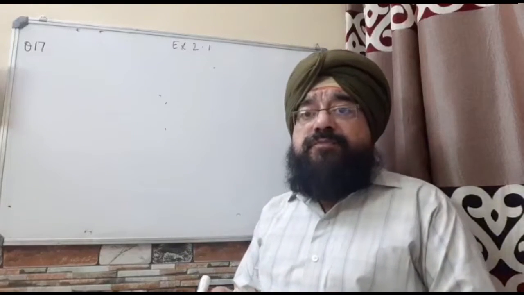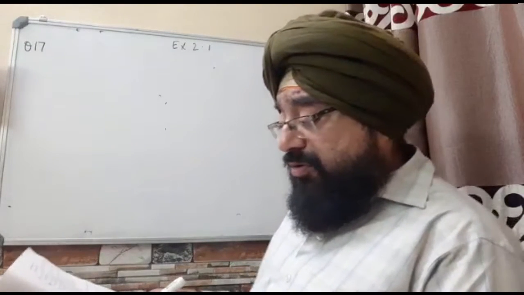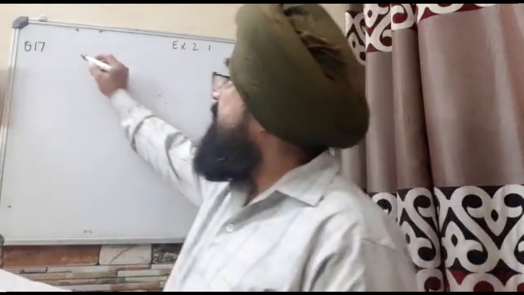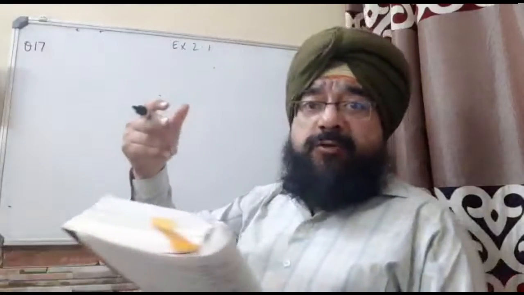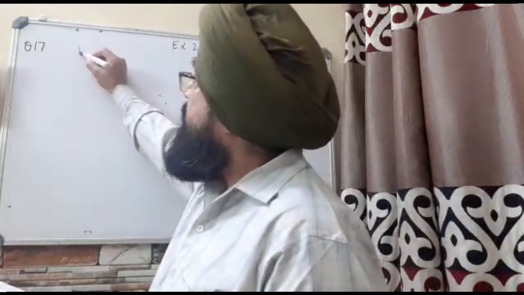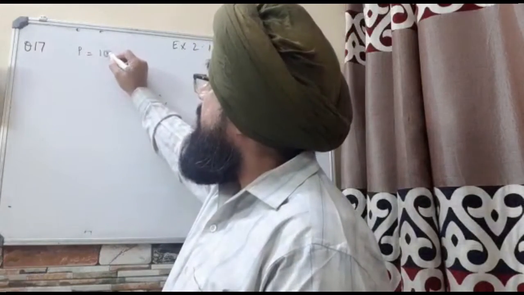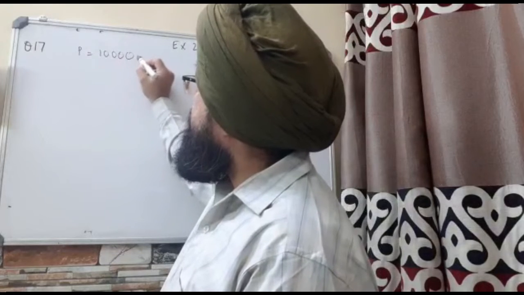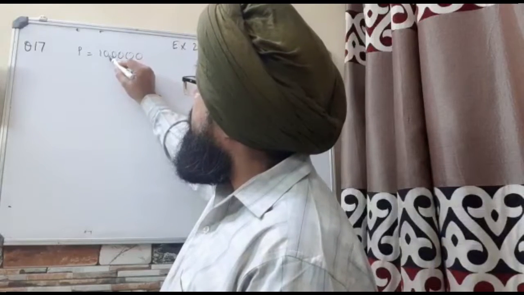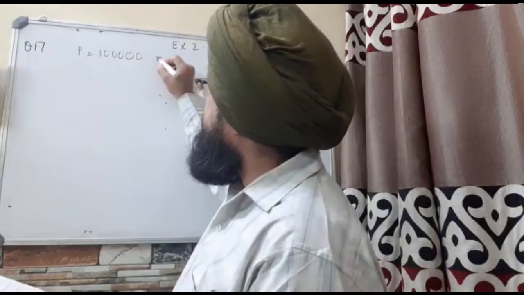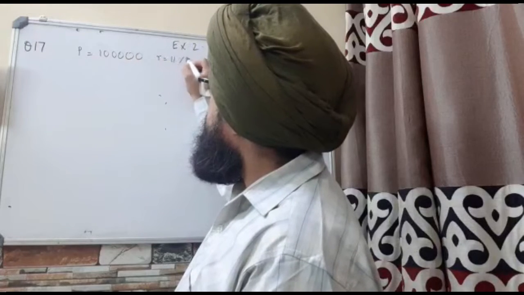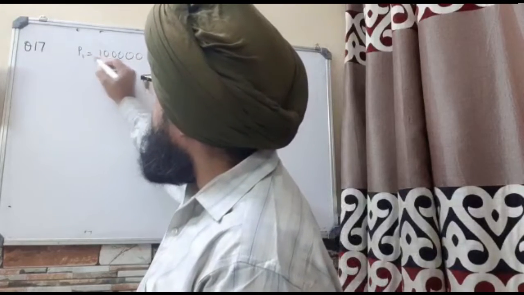Sir, same question P3 as example 10. Oh, this is the same question as example 10. Okay, let us see. Sir, quite same, but the values, magnitude may be different. Yes, sir. So here the principal is 1 lakh. Rate is 11%. And therefore, this is the P1, this is the rate.